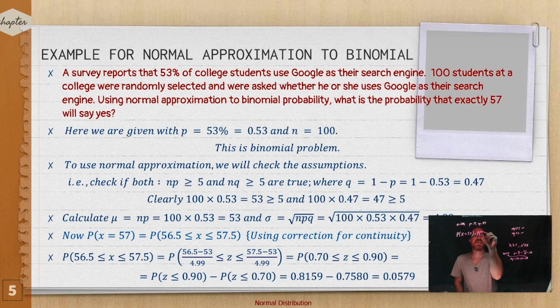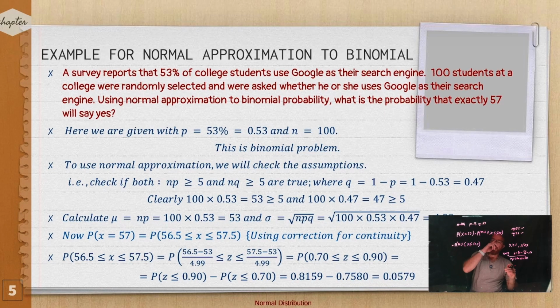So this is going to be 57 minus 0.5 is less than or equal to X, which is less than or equal to, we take our 57 and we add 0.5. So this is going to end up being 56.5 is less than or equal to X is less than or equal to 57.5. I forgot my P.